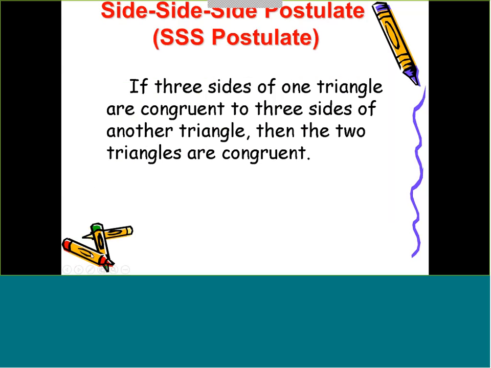Anytime you have a triangle, if you have 3 sides of one triangle congruent to 3 sides of another triangle, then the 2 triangles will always be congruent to each other. I challenge you to take 3 sticks, for example, and lay them out. You will only be able to construct one triangle with those sticks.